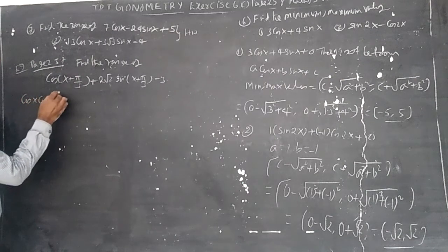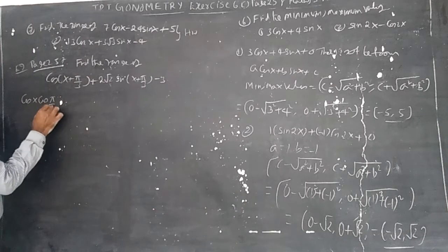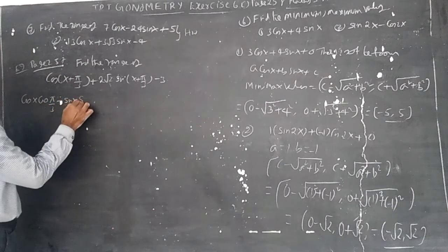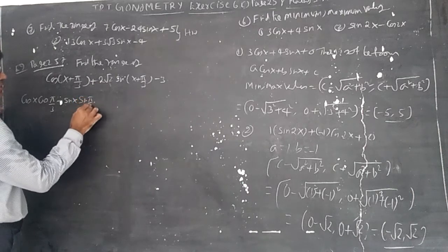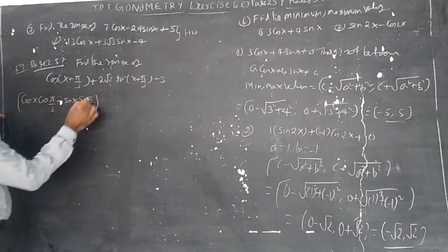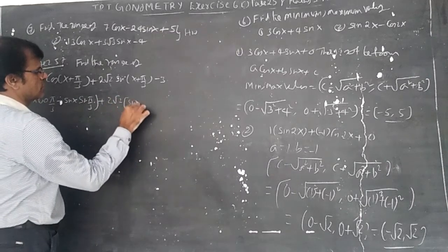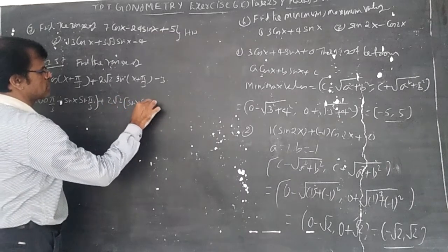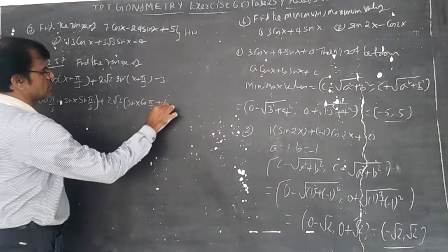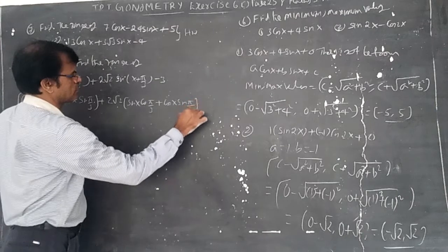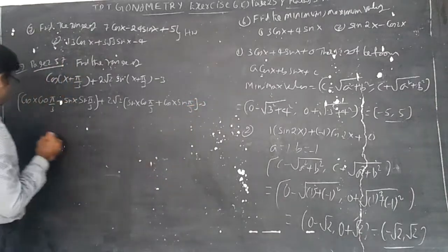This is of the form cos A plus B, so cos A cos B minus sin A sin B. Cos x cos pi by 3 minus sin x sin pi by 3 plus 2 root 2 times sin x cos pi by 3 plus cos x sin pi by 3 minus 3.